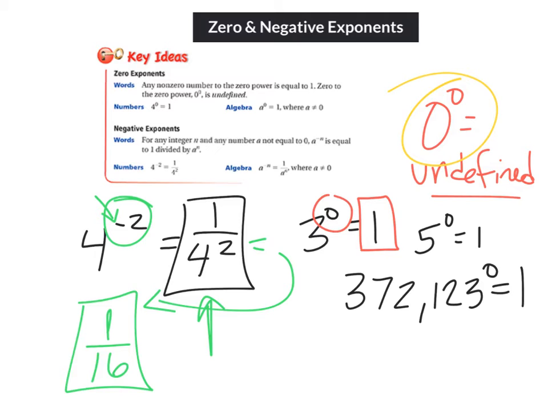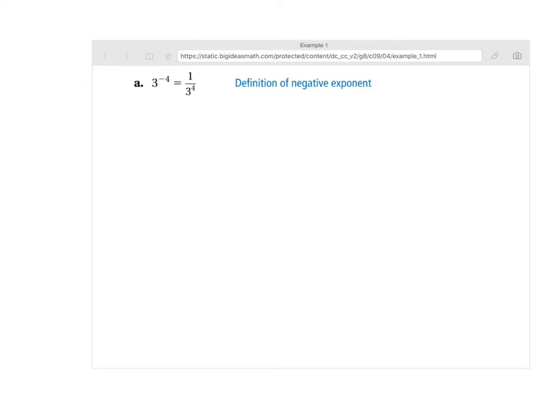All right, so let's do example 1. Okay, so you want to write this in your journals. Example 1. So you have 3 to the power of a negative 4. Oh, and this wants you to solve it, by the way, so we are going to simplify this all the way down.